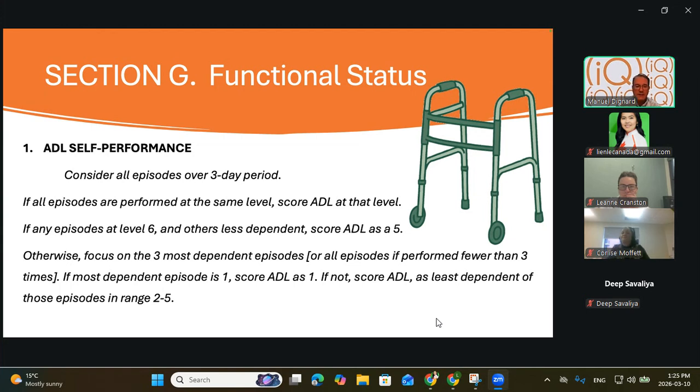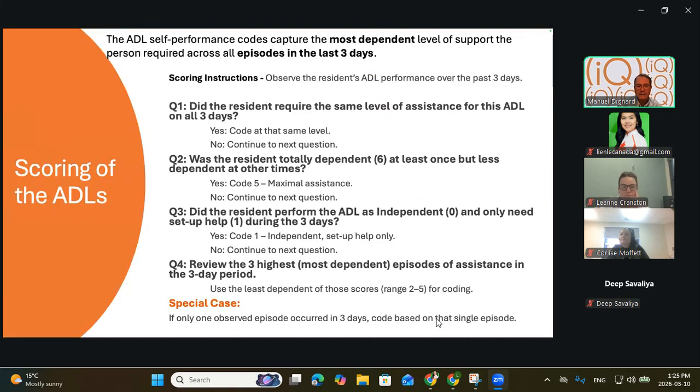So if it's less than 3 times, if the most dependent is a 1, so we're looking at zeros, ones, and eights, then you're going to end up with a 1. If you have anything over a 1, but you don't have a 6, so between 2 and 5, then you're going to score the least dependent of those episodes. So we're going to look at it again. This is a different way of looking at it, and we're going to go over some examples.